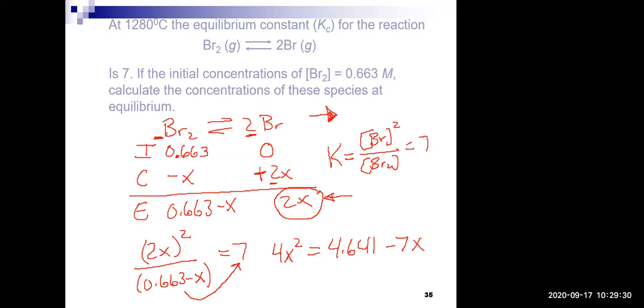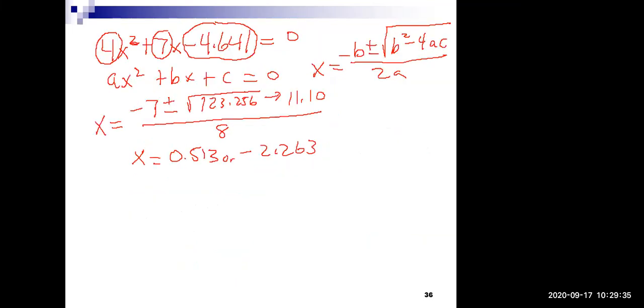And I cannot have a negative concentration. So when you solve the quadratic formula in these types of problems, one of the answers will not make sense. In this case, the one that's negative will not make sense because you cannot have a negative concentration. That means that this value here should be my correct x value.